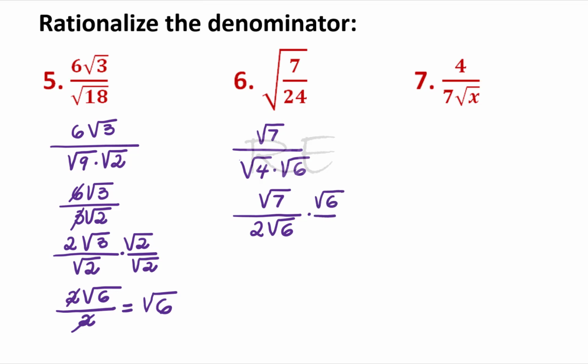We're going to multiply by square root of 6 over square root of 6. We obtain square root of 42 divided by 2 times square root of 6 squared, which is 6. Final answer: square root of 42 divided by 12.